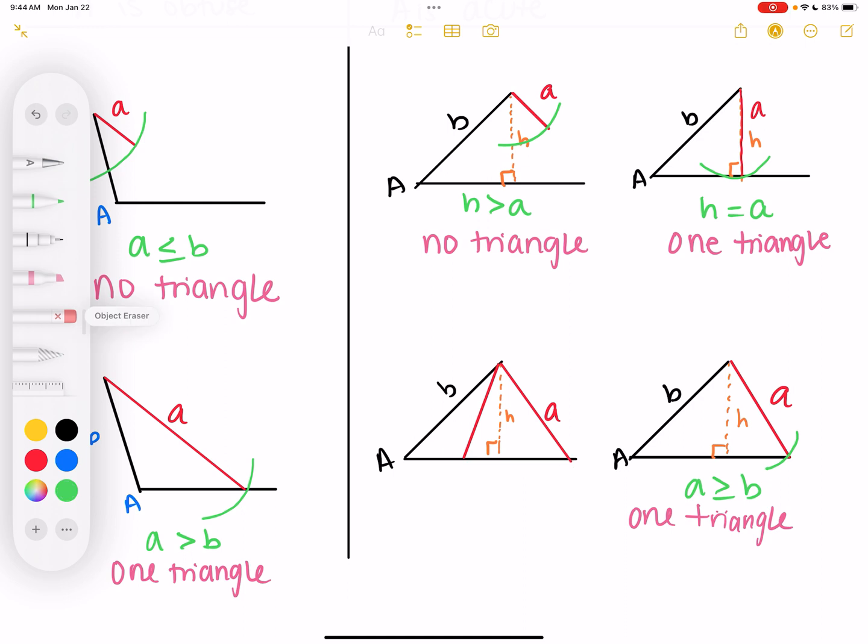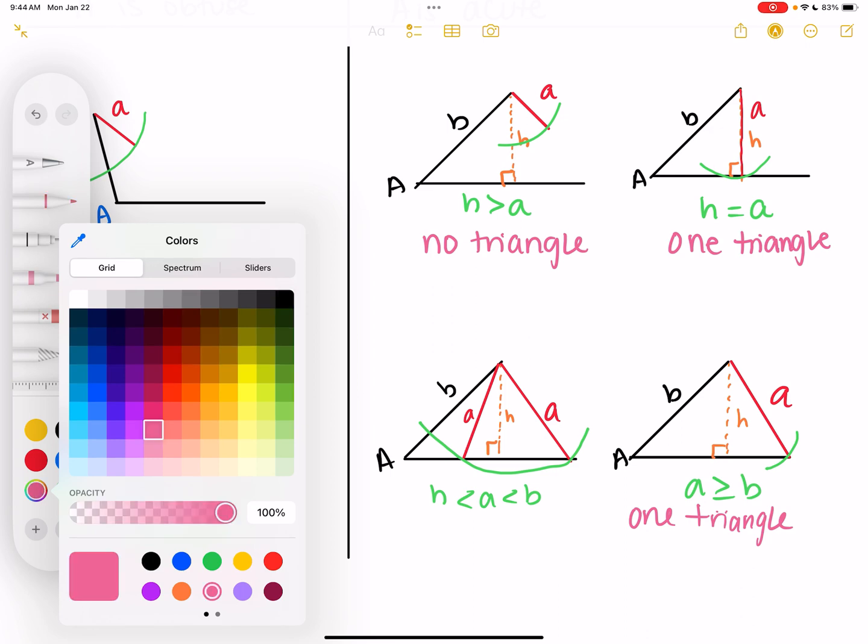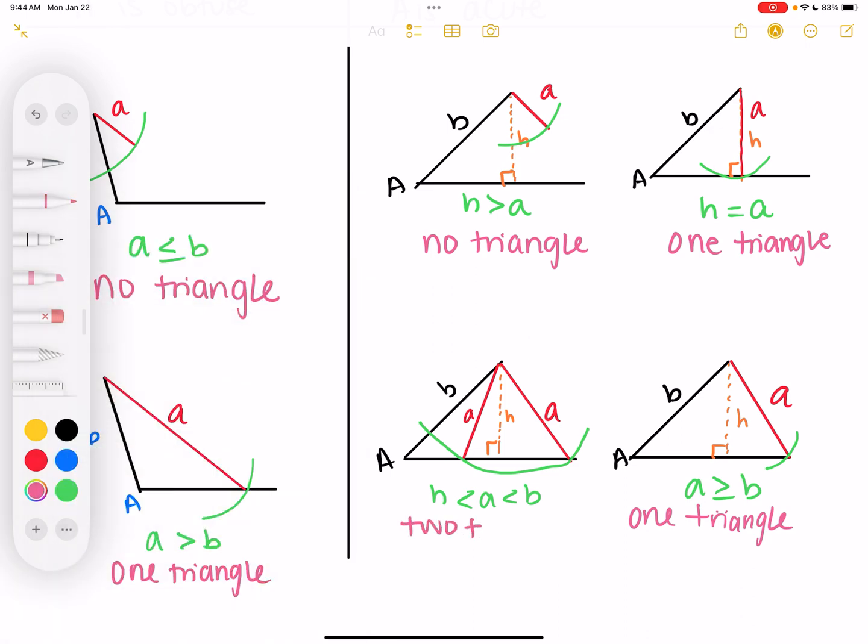It's not a very good arc, but anyways, you get the point. It swings through and hits twice. So in this case, H is less than A is less than B, and so here we have two triangles.